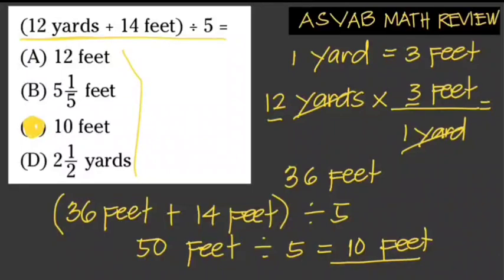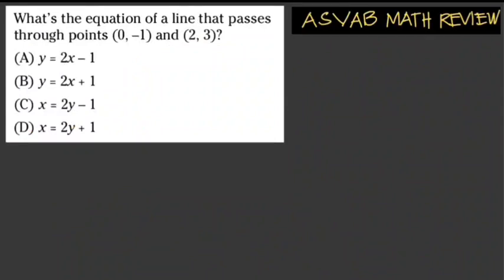Okay, let's try another example here. What's the equation of a line that passes through points (0, -1) and (2, 3)? So what are we going to do first?